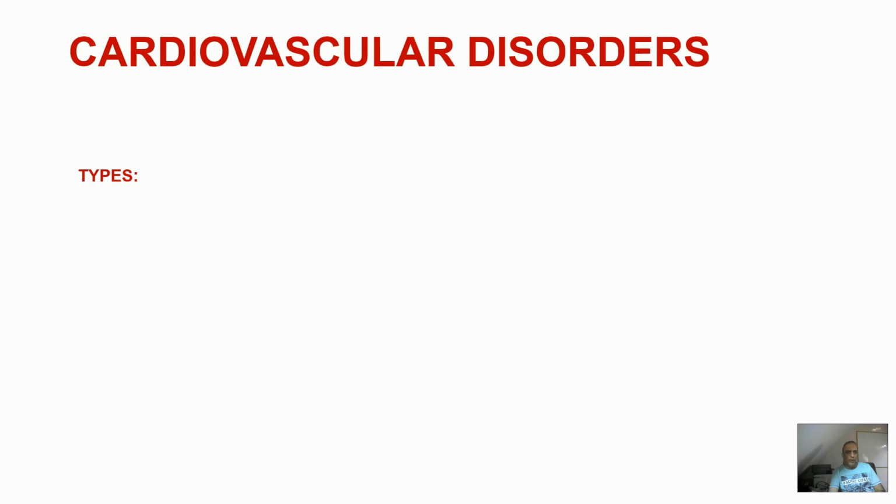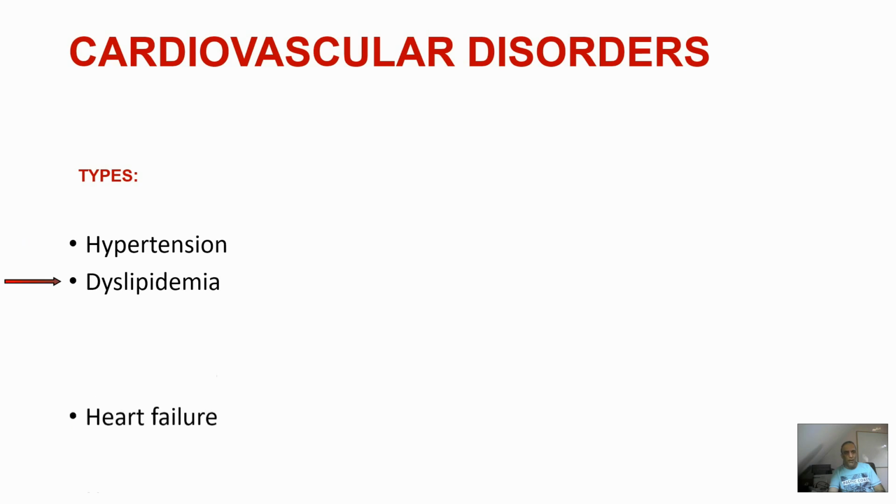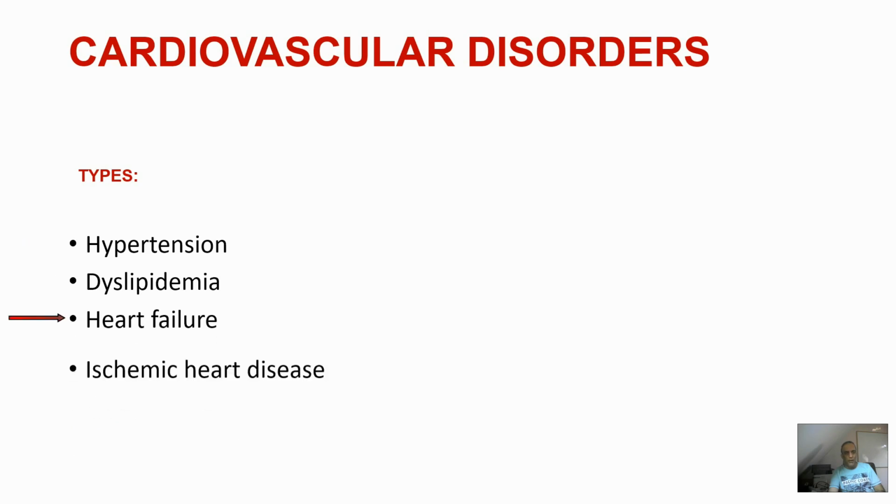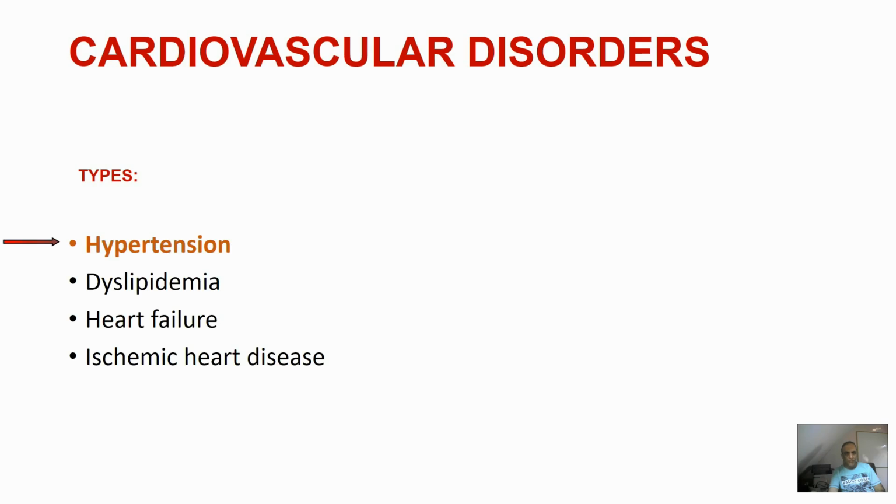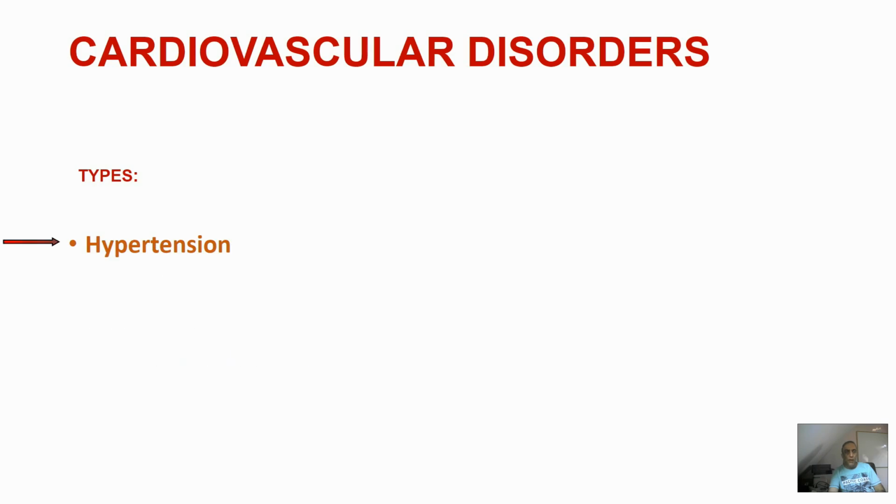As you remember, the main problems in cardiovascular disorders are hypertension, dyslipidemia, heart failure, and ischemic heart disease. And mainly in pharmacology, we study the treatment of these types. We continue hypertension.